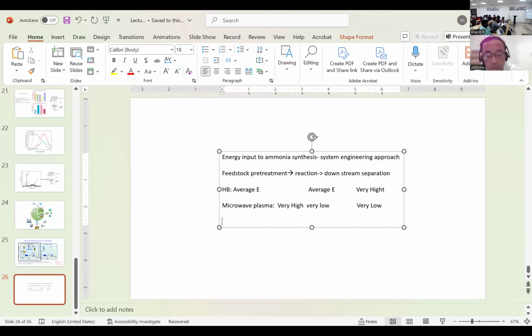Difficult to segregate nitrogen and ammonia. If hydrogen is mixed with ammonia, then we can easily segregate. Or water vapor is mixed with ammonia, then we can easily segregate, like we mentioned yesterday. So downstream separation, you mentioned very low for microwave plasma.